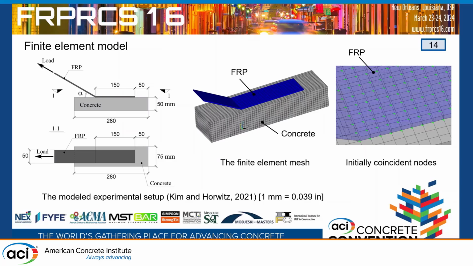The finite element model, with the experimental setup taken from the literature, is shown on the left, and the finite element mesh generated for the numerical experiments is shown on the right. In the figure on the right, highlighted in green are the initially coincident nodes with fully coupled degrees of freedom.